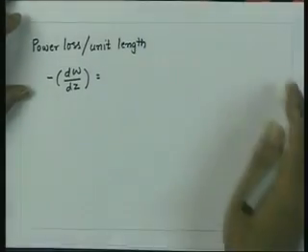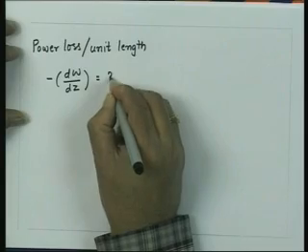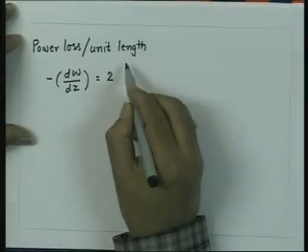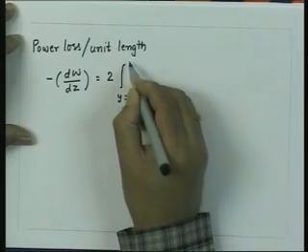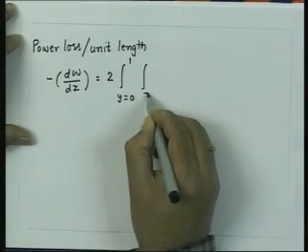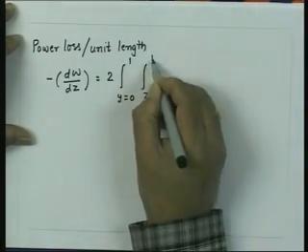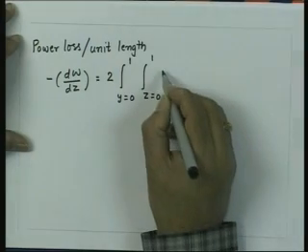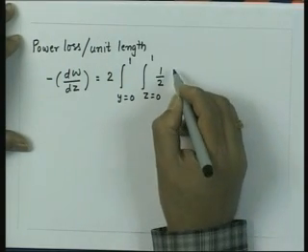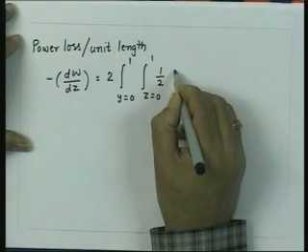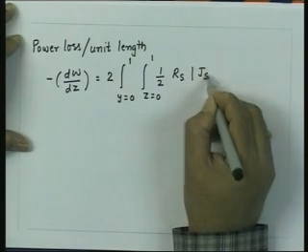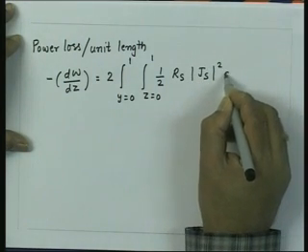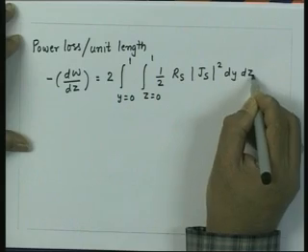So, that gives me 2 times, the factor of 2 is for 2 walls, and the integral limit for y is 0 to 1, for z 0 to 1 per unit length of the waveguide, half Rs, which is the surface resistance, |Js|² dy dz.